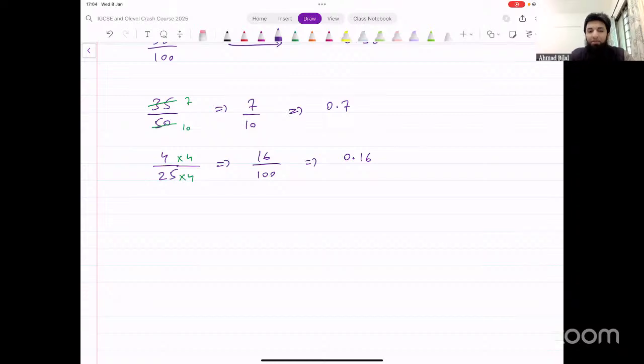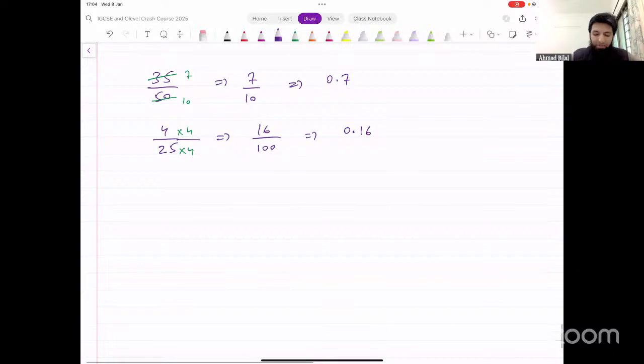Okay. And similarly, if you have any other similar problems like these, let's say you've got 7 over 50. Or let me actually use maybe a bigger number. Let's just do 7 over 125. How do we evaluate this now? 7 over 125.